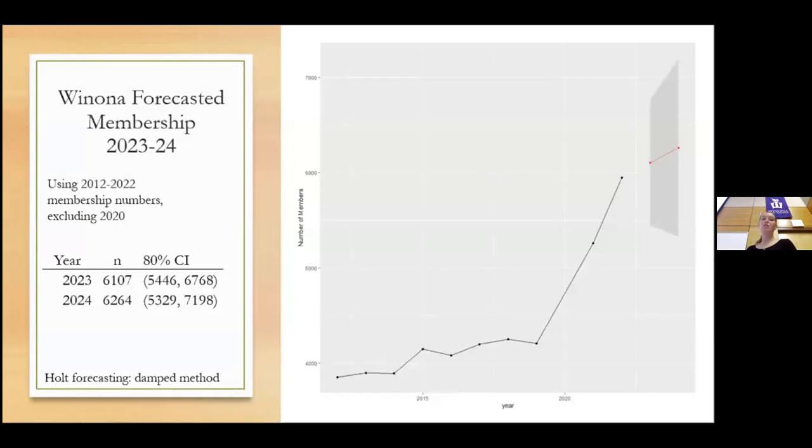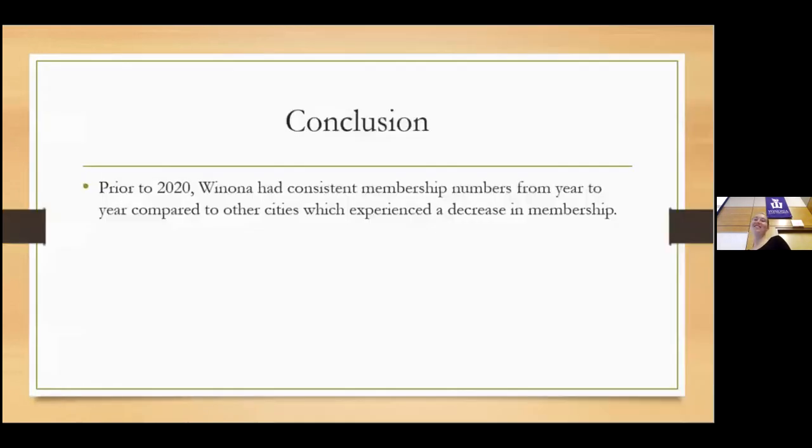This is using just 2012 to 2022, excluding 2020, since COVID was pretty irrelevant. This predicts the membership in 2023 to be over 6,000 and then also increase into the following year. And the client was really happy to hear that.